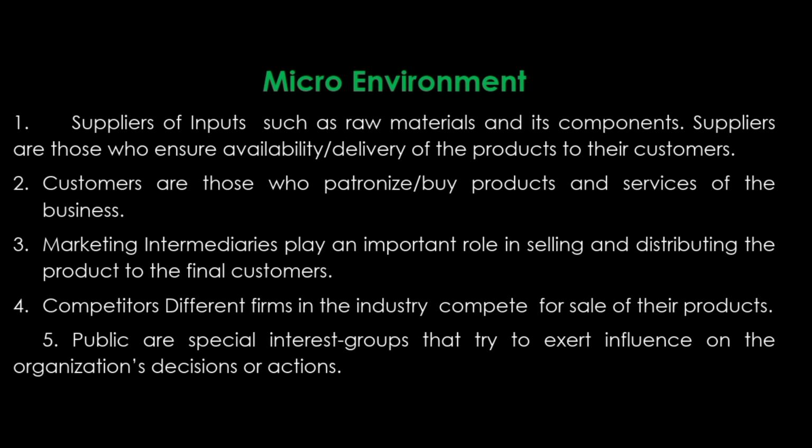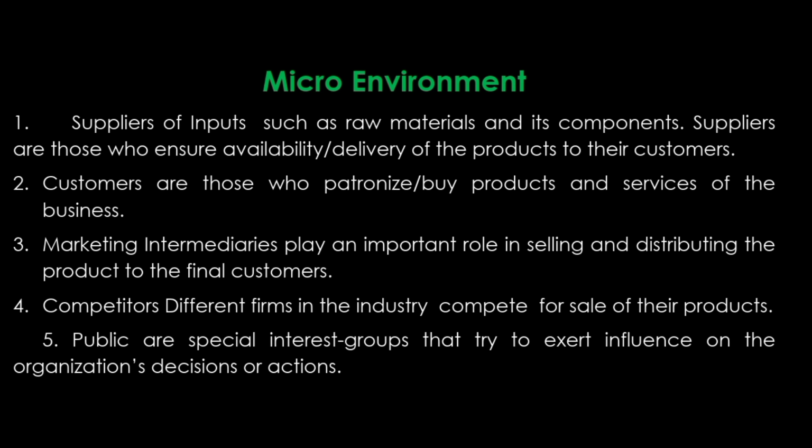Next is public. The public is an important force in the external environment. The environmentalists, media groups, consumer protection groups, some local groups, and associations are some important examples of public, which has an important bearing on the business decisions of the firm.